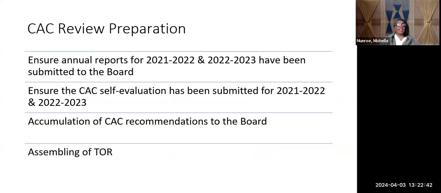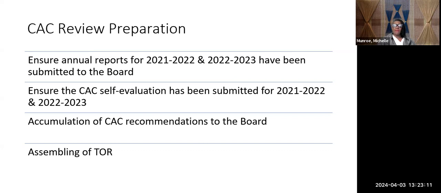All right, the CAC review process. Please ensure that annual reports for 2021, 2022, and 2023 have been submitted to the board. Each year, I have made it a priority to say to our CAC co-chairs, please ensure that those reports have moved forward to the board, because these documents are going to be essential parts of the information that we collect to share with trustees around the review.